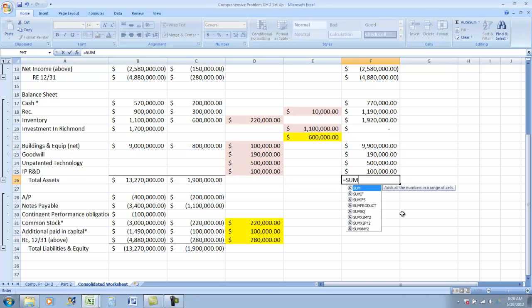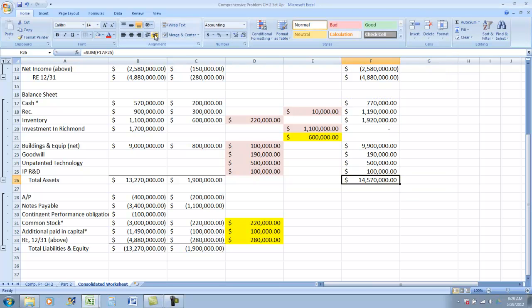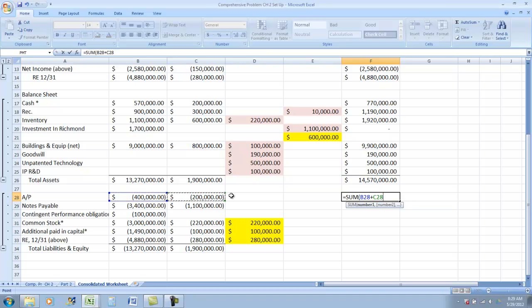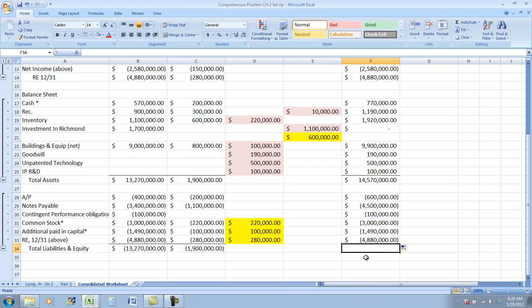Okay, so let's see what we get for assets. We add these together. The formula stays the same. And good news, we're balanced.